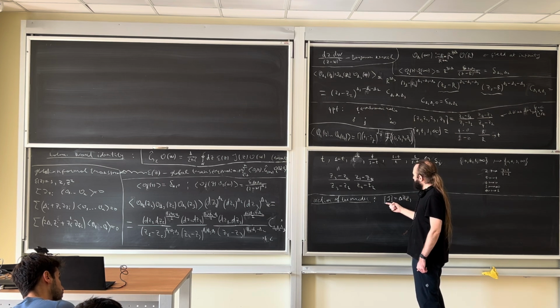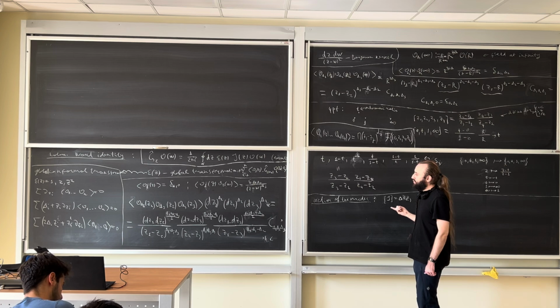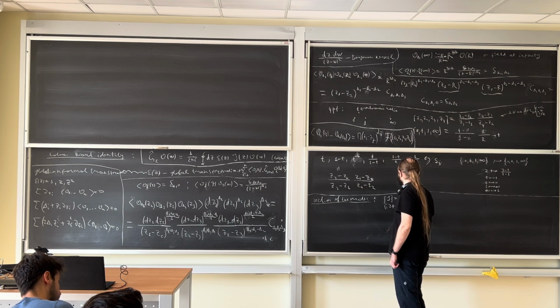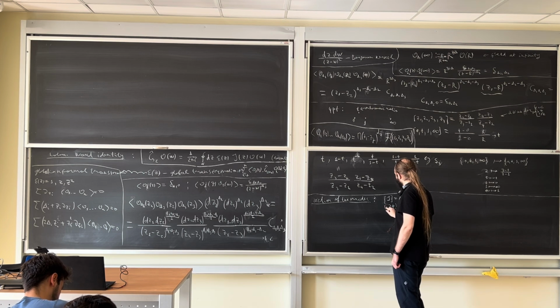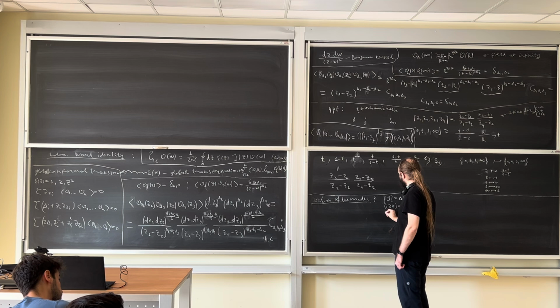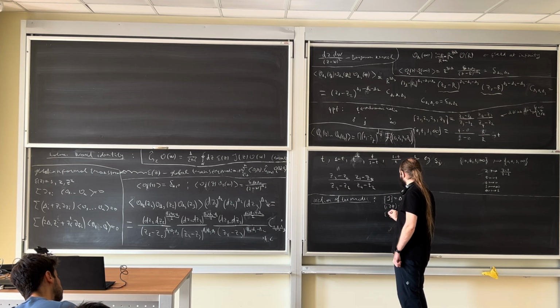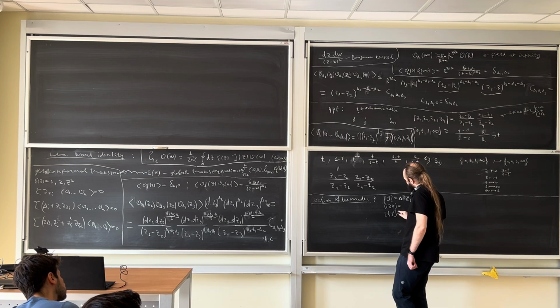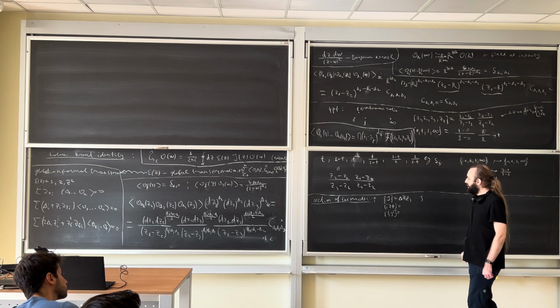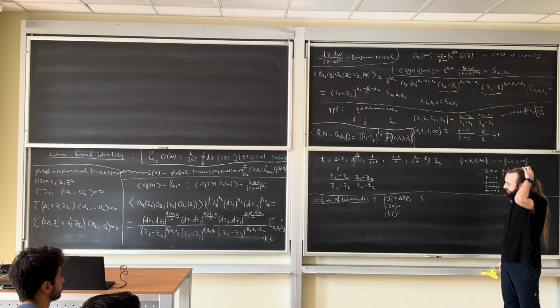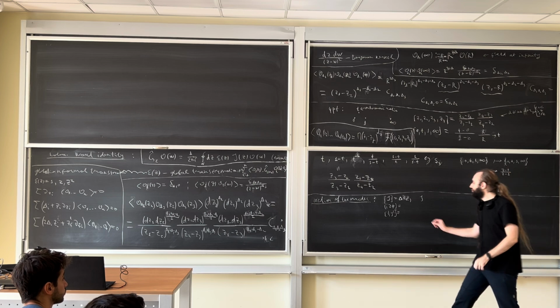So, for example, what was the dimension of the U(1) current, and what was the dimension of the energy-momentum tensor?